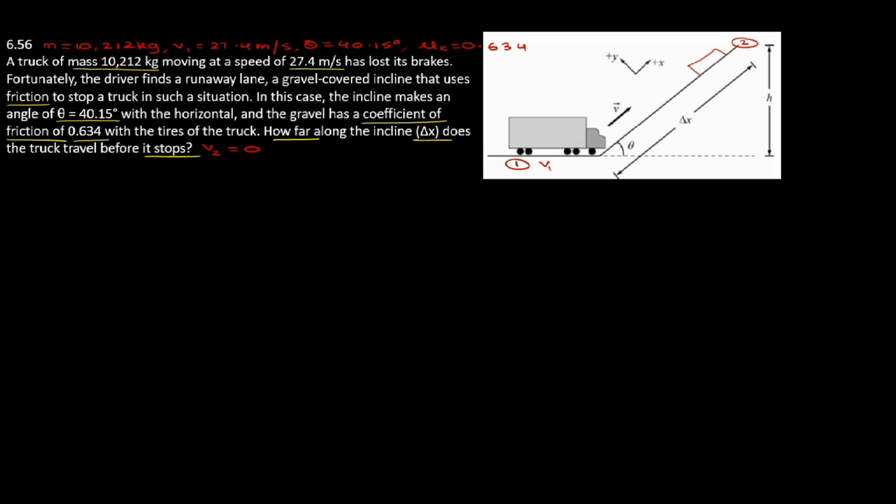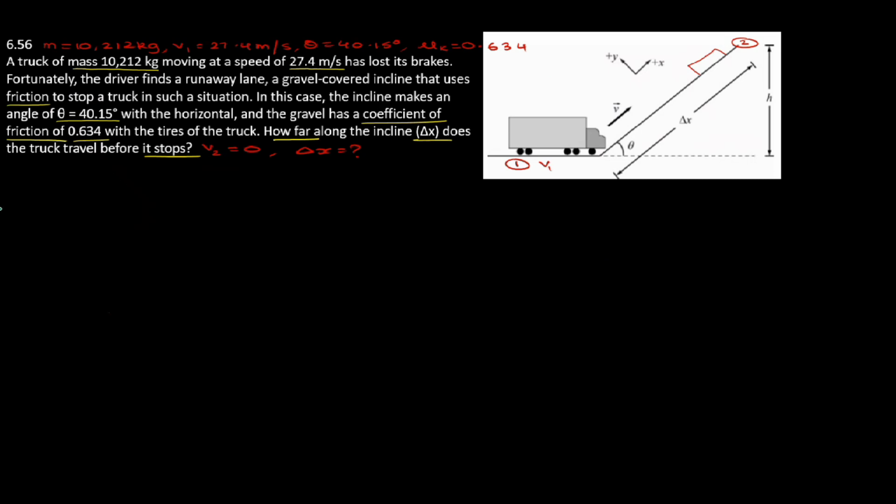Now there are non-conservative forces involved in this situation. So we are going to use the generalized form of work energy theorem to find the distance covered by the truck along the incline, to find what is delta x. When the truck is moving along the incline, the force of friction is doing a work to stop the truck.